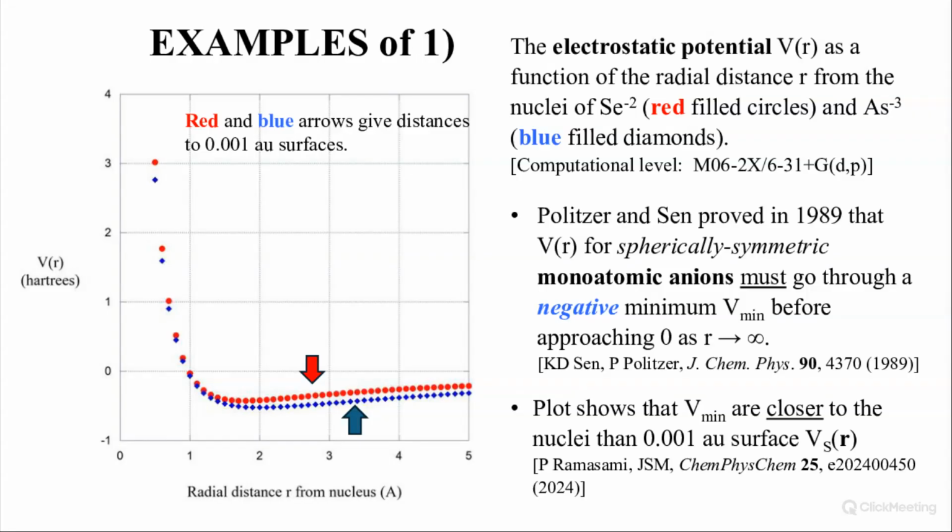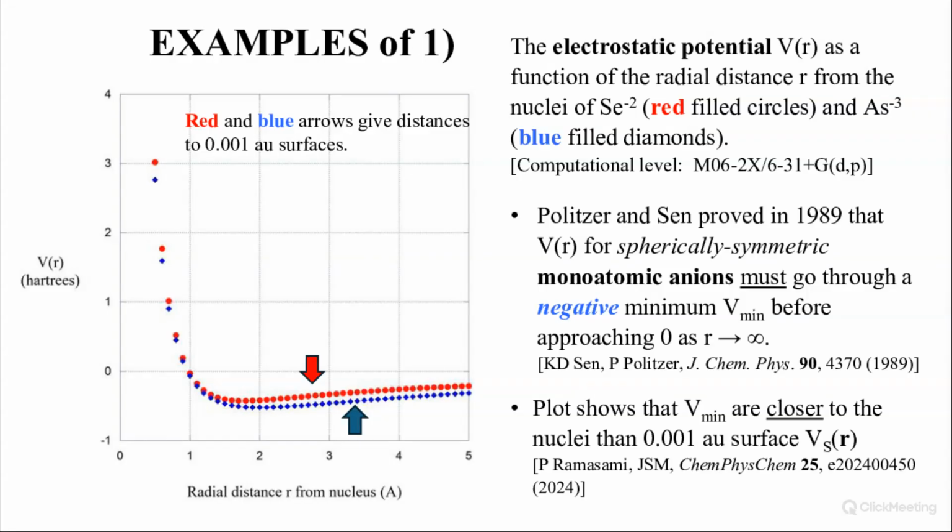And I will say that back in 1989, Politzer and Sen showed that for a monatomic anion, you must go through a minimum before you approach zero as you go to infinity. And these minima were found to be fairly good. I mention this because it could be of interest, anionic radii.